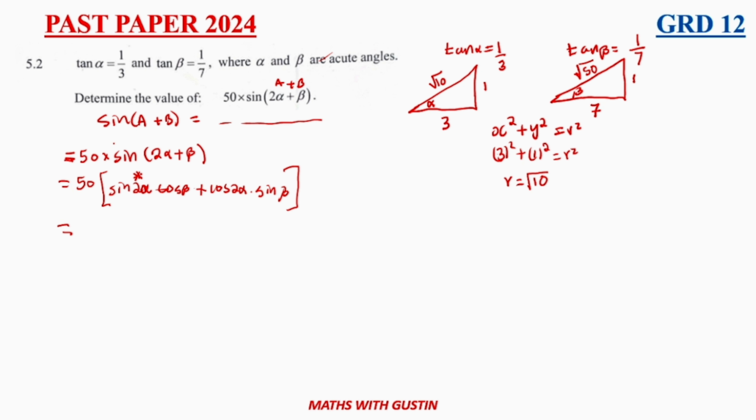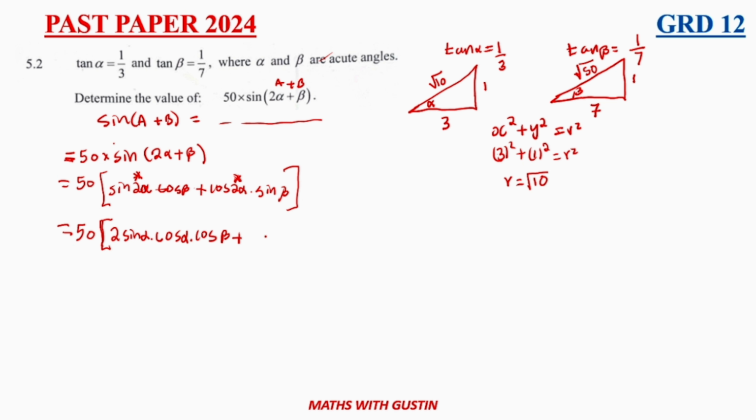All right, so as you can see here, we've got two identities. We've got sine 2 alpha and also cos 2 alpha, so therefore we need to simplify these two. So 50 is going to give us, put this in the square bracket, 2 sine alpha cos alpha times this cos beta that is there, plus this one here, cos 2 alpha.